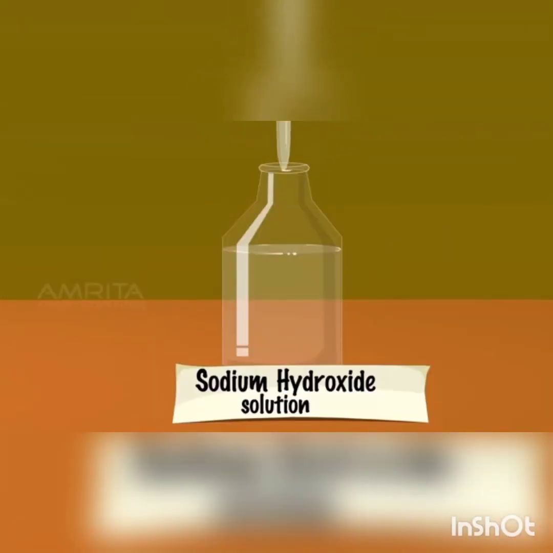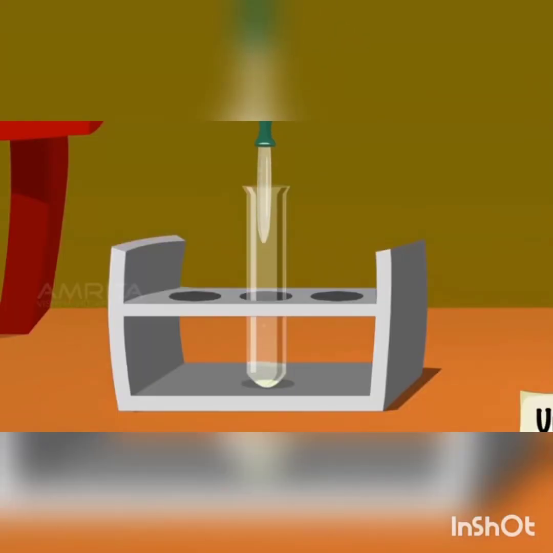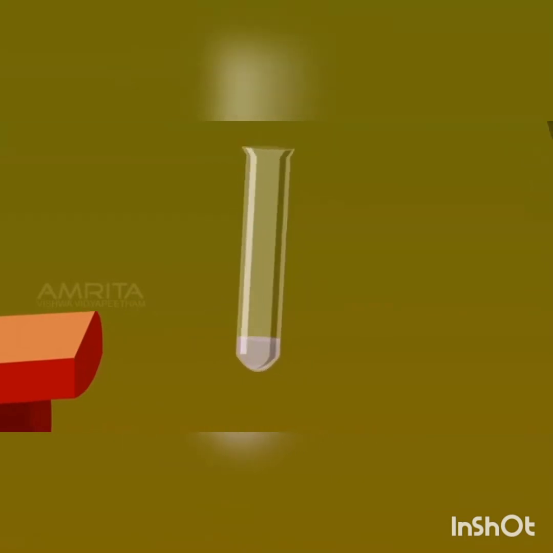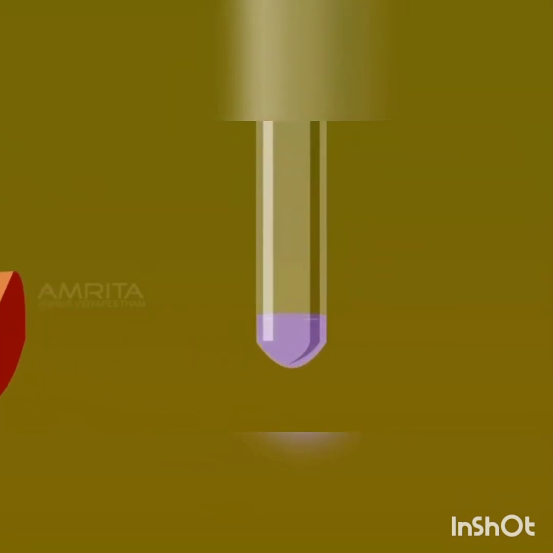Take a small quantity of sodium hydroxide solution using a dropper. Add a small amount of dilute sodium hydroxide solution to it. Shake well. Appearance of a violet color that slowly fades confirms ketonic group.